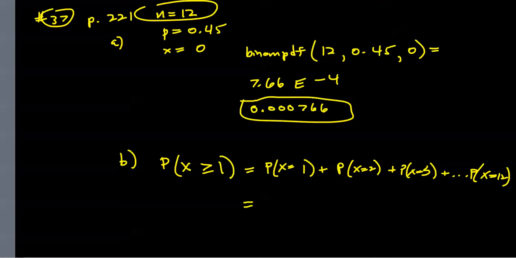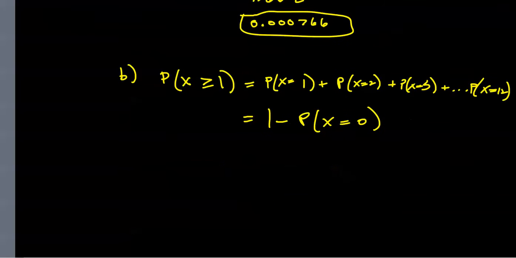Well, remember, the probability that X is at least 1 is 1 minus the probability of none. Really, I have 13 cases from 0 up to 12, and I can find out the probability that X is greater than or equal to 1 by taking 1 and subtracting the probability that X equals 0.